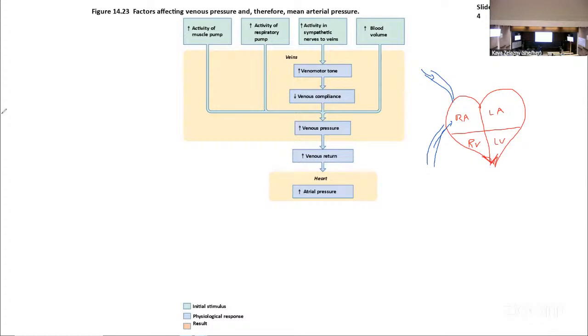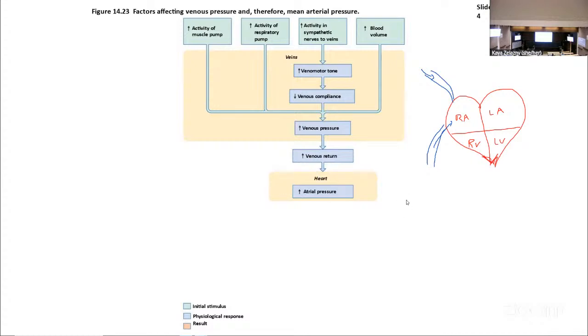But as we move forward, that means that we're filling the right atrium a little bit more, which means that we have an increase in the pressure in the right atrium as we start to move towards systole, towards this ventricular filling. Okay. So we're seeing an increase in atrial pressure as we have more blood moving in.